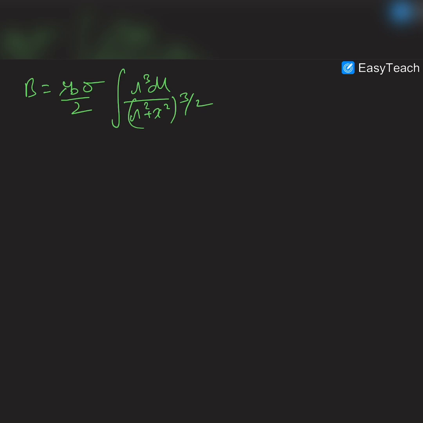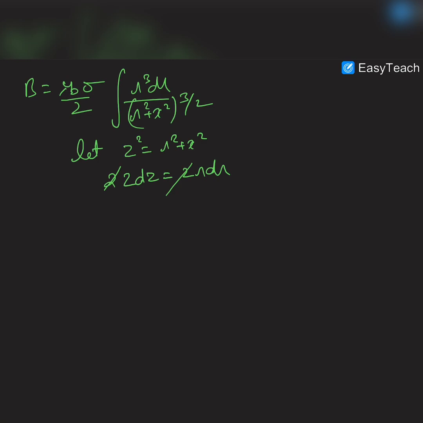Let us assume that z square is equal to r square plus x square. So 2z dz will be equal to 2r dr. You should always remember that here the variable of integration is a small r. It is not x.